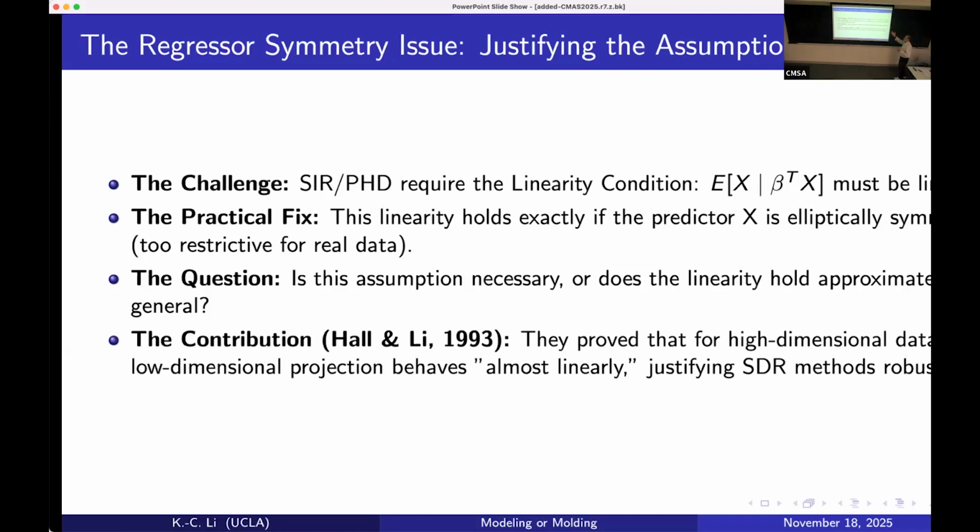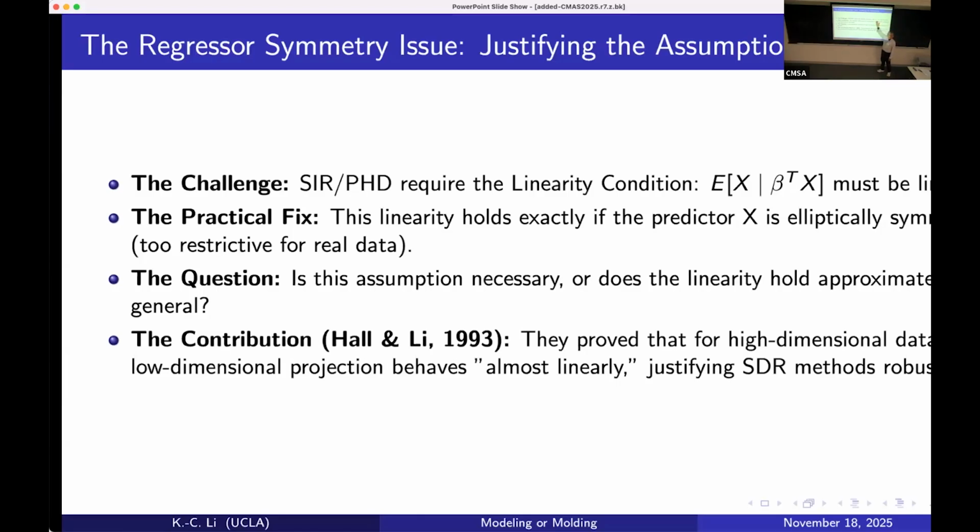Suppose you believe that x comes from the multivariate normal, then you use that elliptical sphere structure. You can visualize that the conditional expectation is actually a straight line, and that's a fundamental assumption behind multivariate linear regression. But the question is, you need these assumptions, but how do I know how general that is?